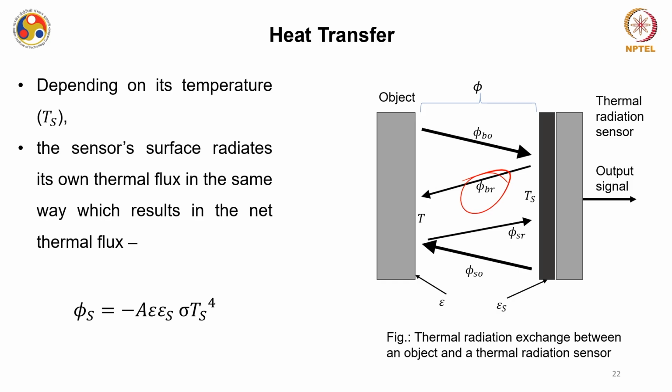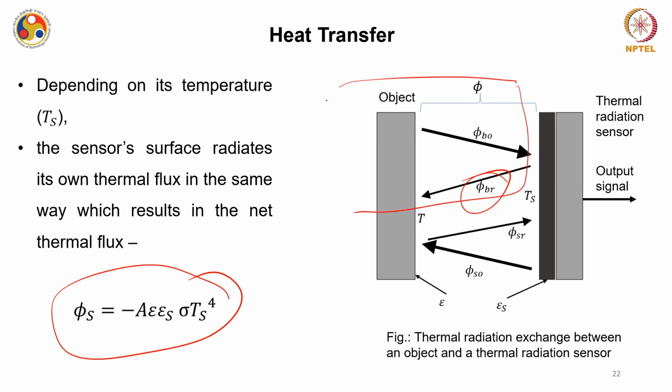Now, depending on the sensor's temperature Ts, the sensor surface radiates its own thermal flux in the same way, which results in a net thermal flux equal to this value. Please note that till now we have discussed the flux of the object.